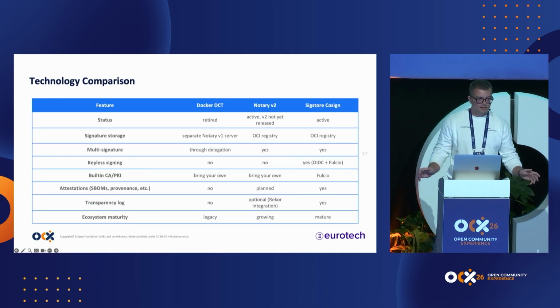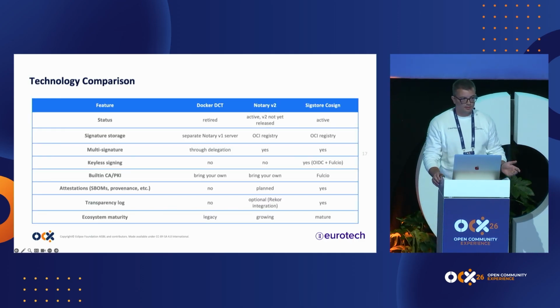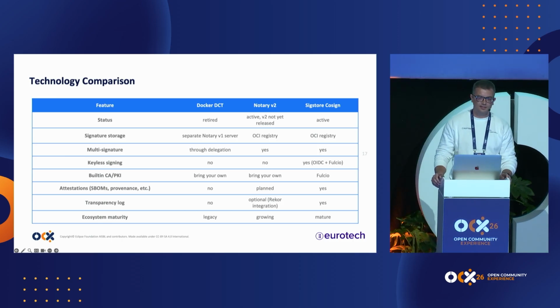So now wrapping everything up, this is a slide to photograph. We have that Docker DCT is now retired. Notary V2 is not yet released. It's still in alpha release, I believe. Sigstore Cosign instead is the one that is released. The two newest tools, Notary and Cosign, are using OCI registries instead of the Notary server, and they both support multi-signatures.